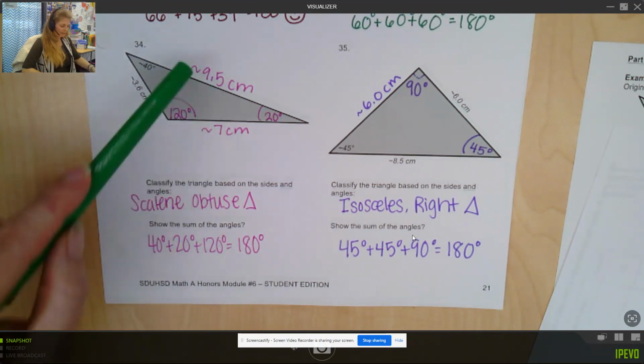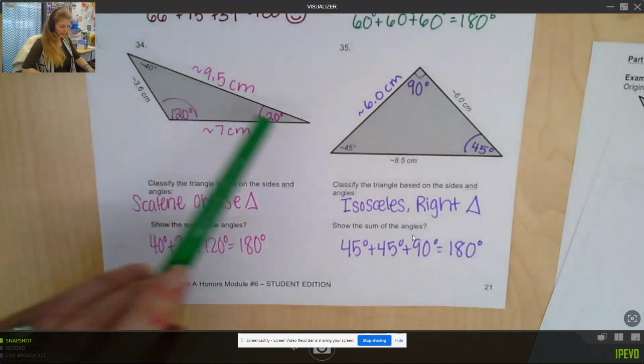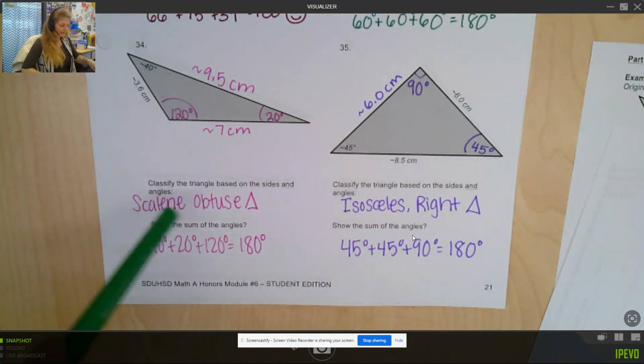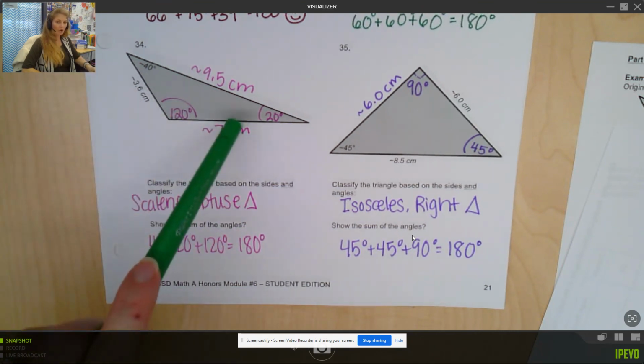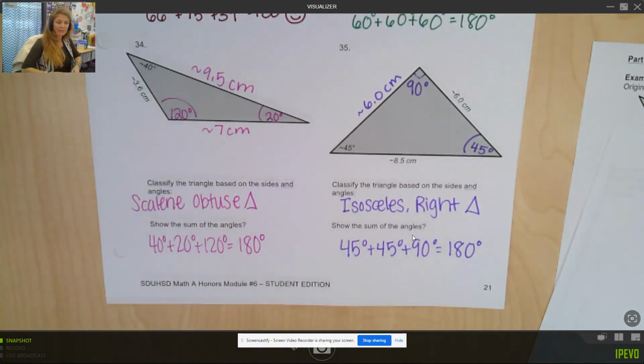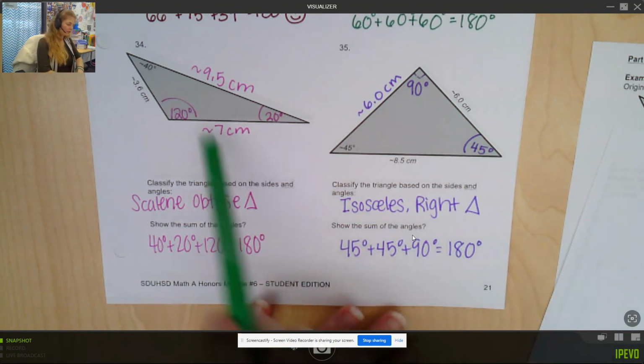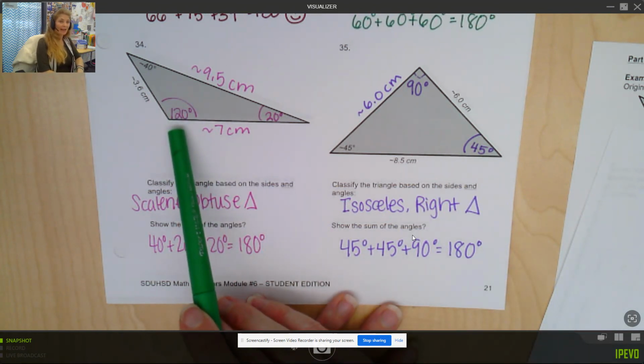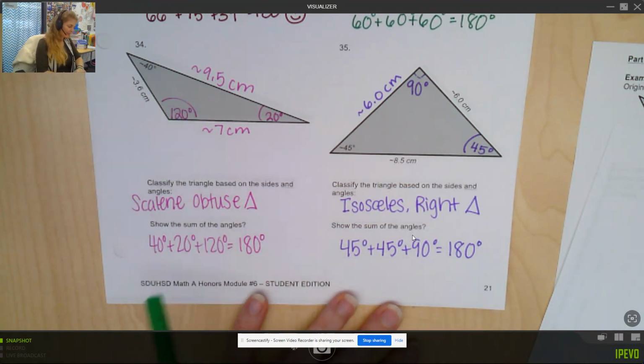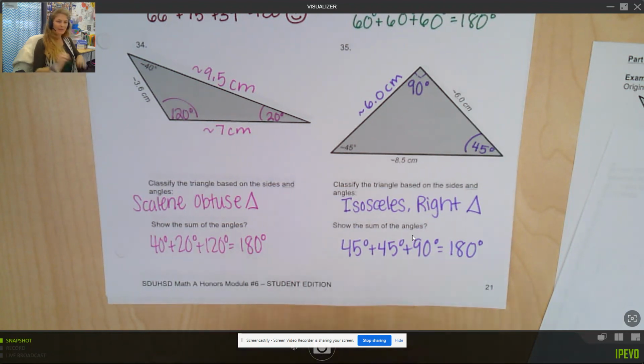Here we had 7 centimeters, about 9.5 centimeters, 120 degrees, and 20 degrees. So this is a scalene obtuse triangle. All sides are different sizes, meaning they're all different scale. Obtuse because one angle is greater than 90 degrees, less than 180. And our angles do add up to be 180 degrees.